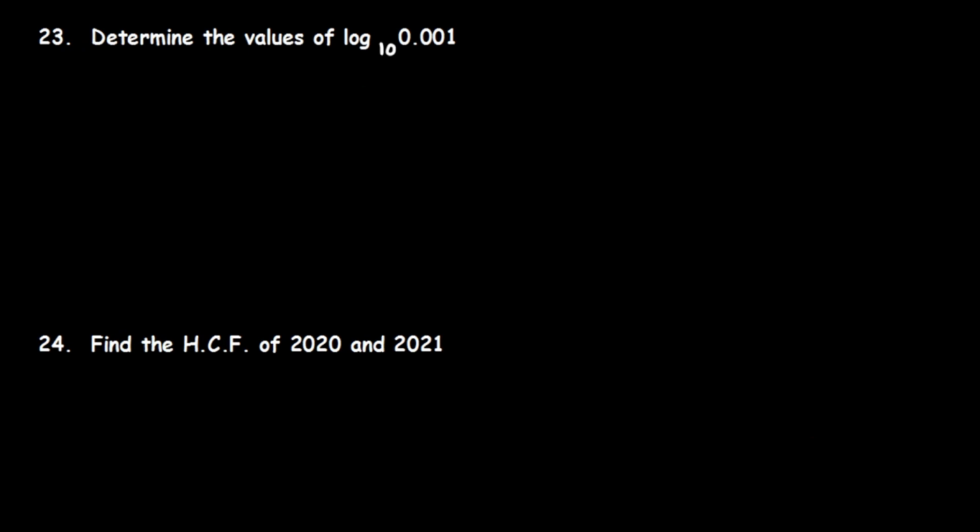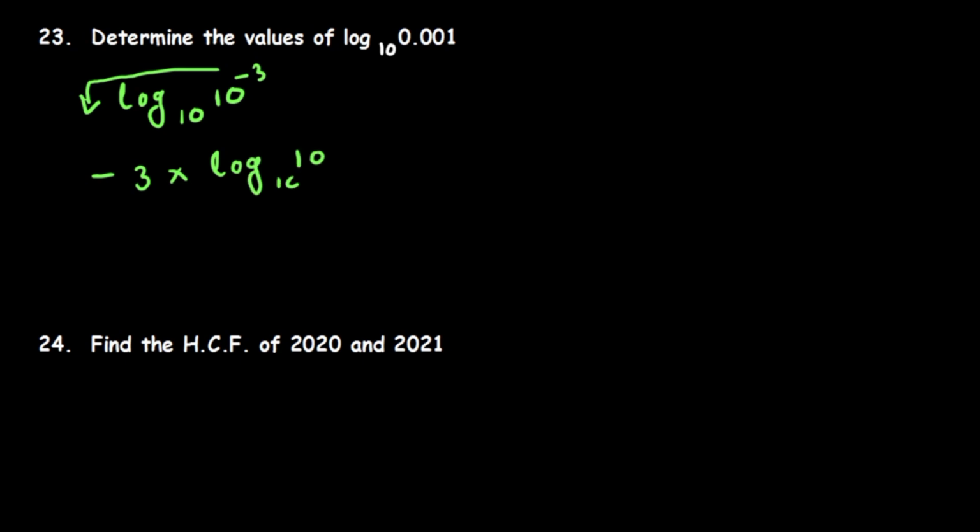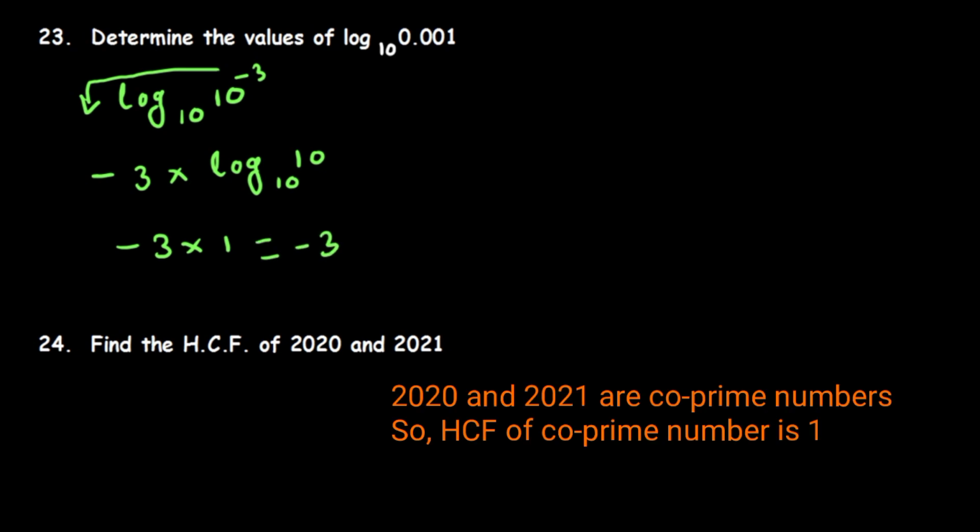We write 0.001 as 10 power minus 3, right? Just before we have discussed, and here it is base 10. So we get minus 3 into log 10 base 10, correct? Minus 3 into log 10 base 10, answer is 1. So the answer is minus 3.